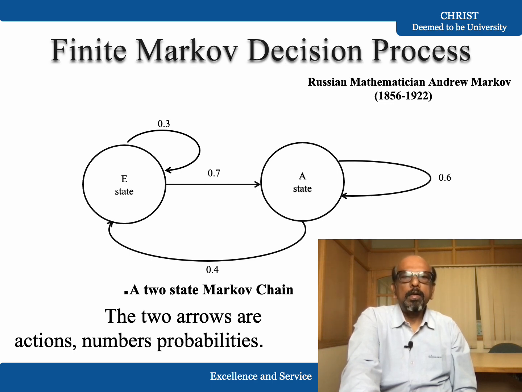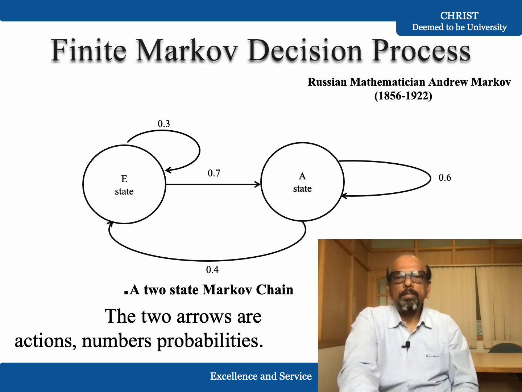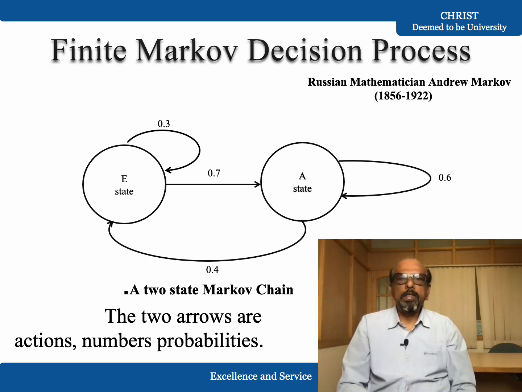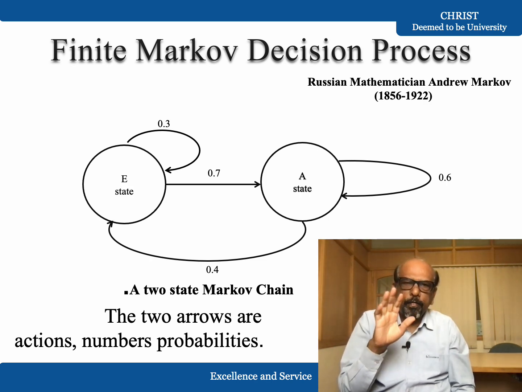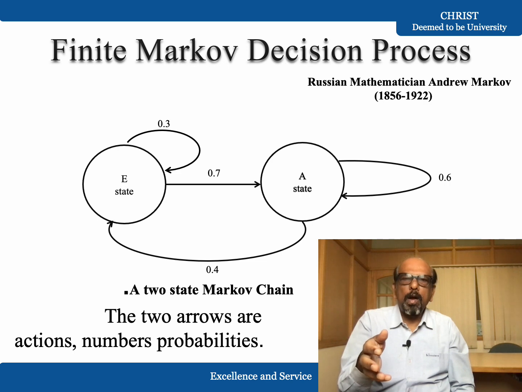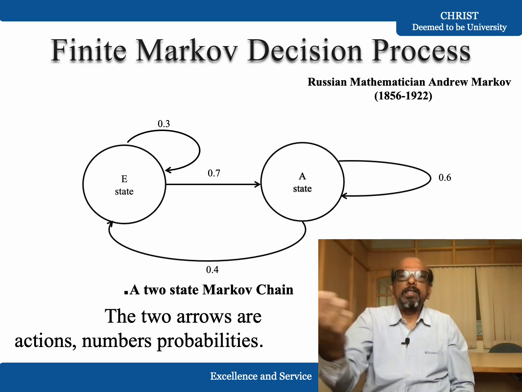In a similar manner, if you are in state E, then there are two possibilities. One is you take an action which leads into E itself, the final state is E. Whereas with another probability 0.7, if you choose this action, you will go back to A. So, in finite Markov decision process, there are states. For each state, there are some actions. When you perform each action, you get a reward and you land up in another state.